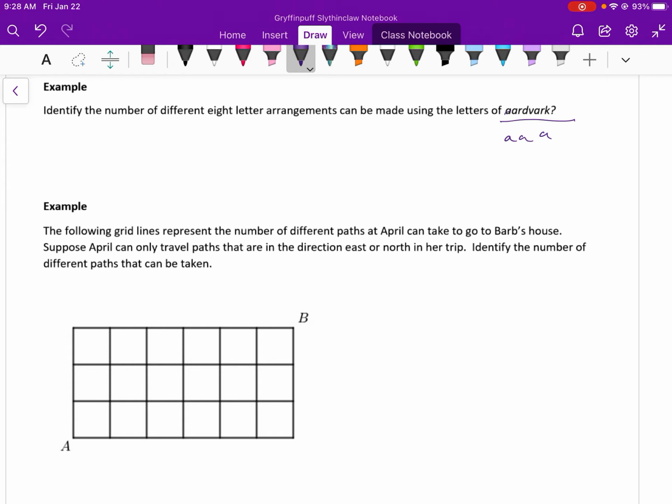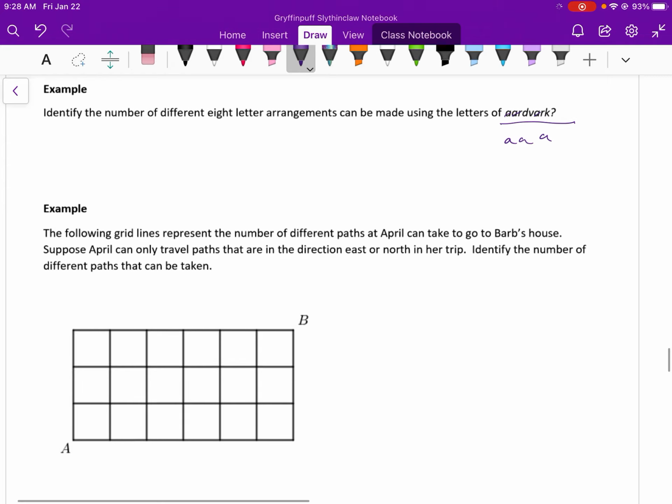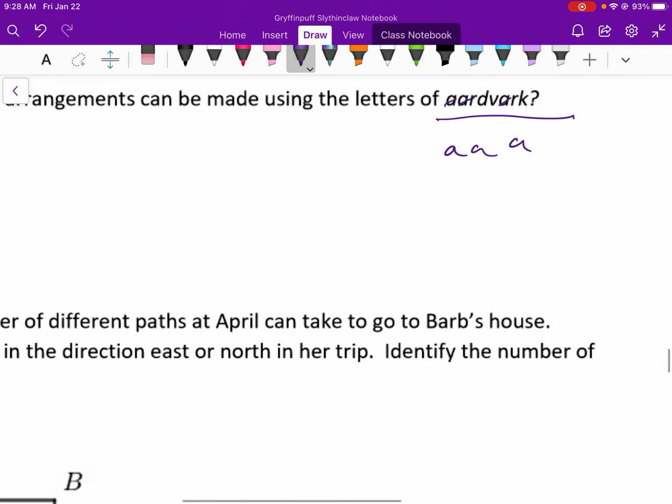So it looks like I have 3 A's, a D, 2 R's, a V, and a K. So aardvark: 1, 2, 3, 4, 5, 6, 7, 8. Good. So I have 8 letters in each. And what we see is I have 3 A's and 2 R's.